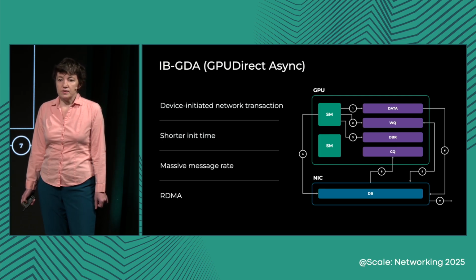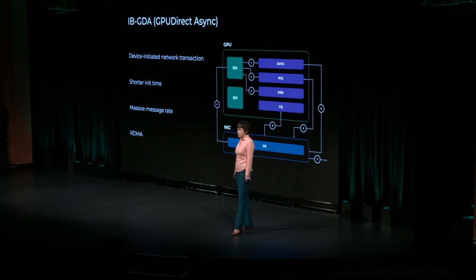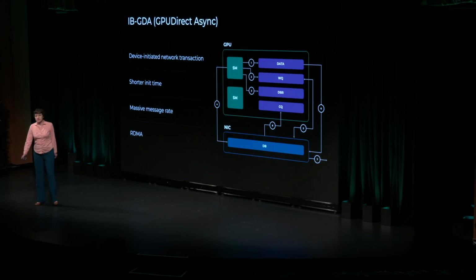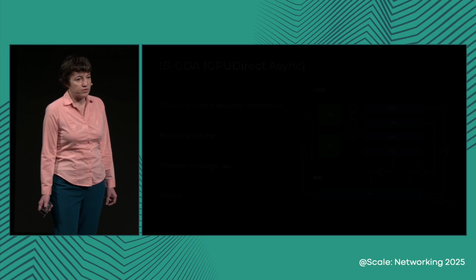How is symmetric memory in PyTorch using this? We adopted NVSHMEM as one of our backends. And for internode communication, we can use NVSHMEM as symmetric memory backend.